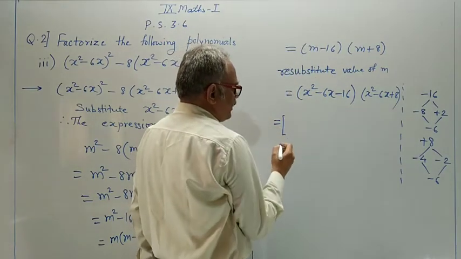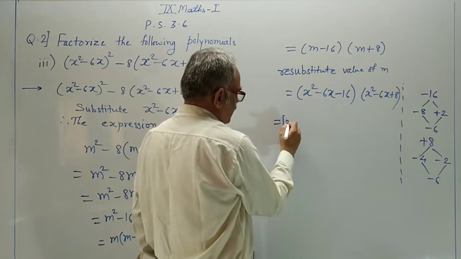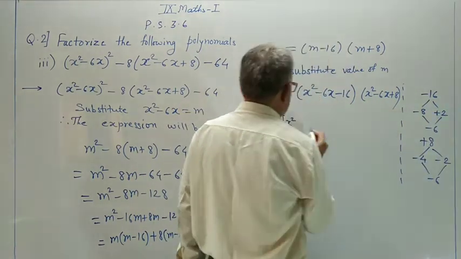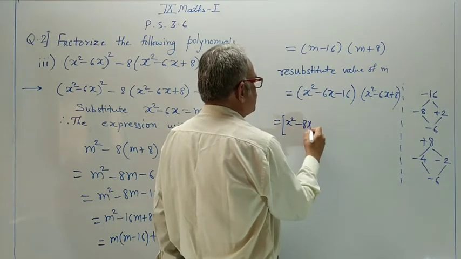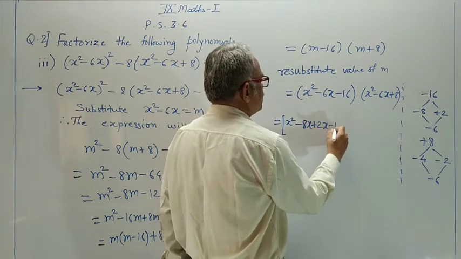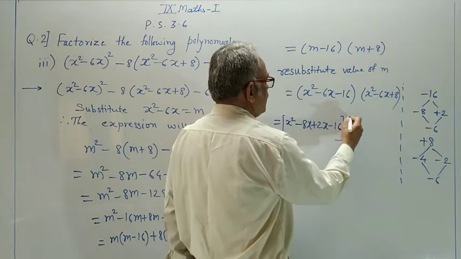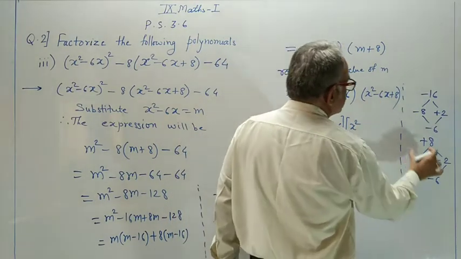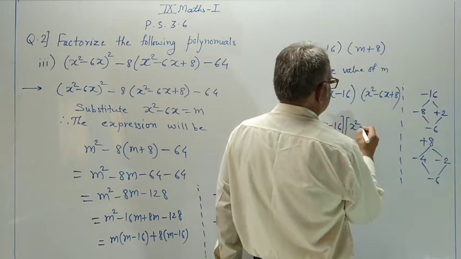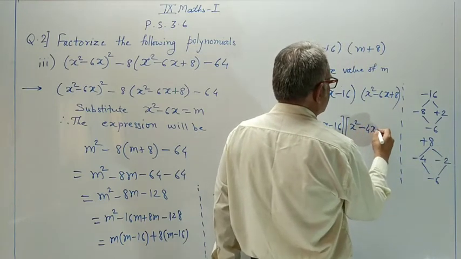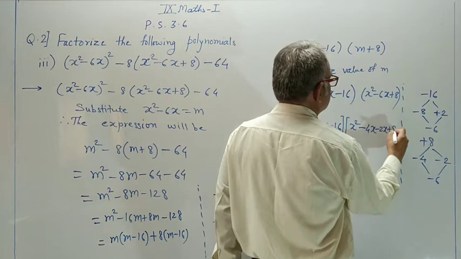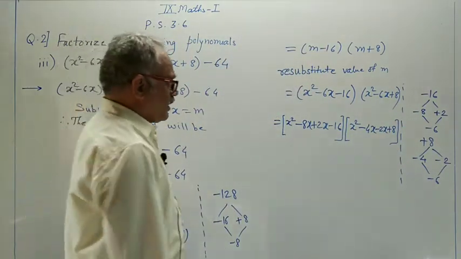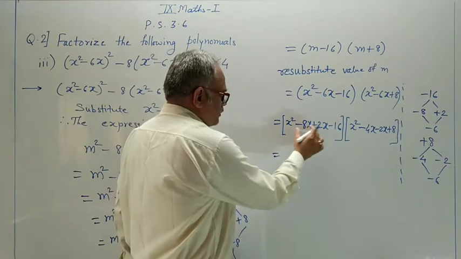So neatly write in the big bracket x², instead of minus 6x, what to write? Minus 8x plus 2x, minus 16. In the other bracket x², instead of minus 6x, from the second rough work, minus 4x minus 2x, and this plus 8 as it is. Now again take common from the first two and next two.